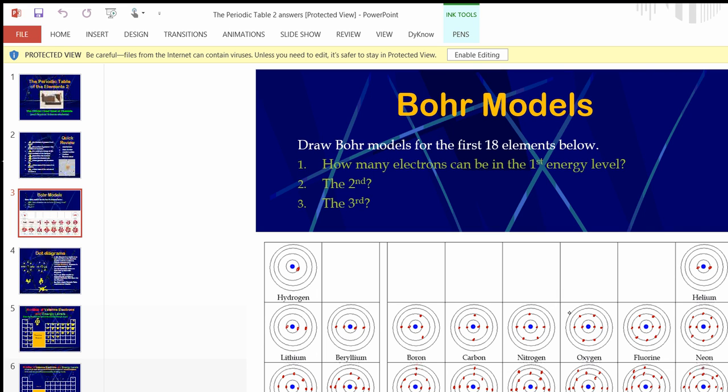We'll talk about that a little bit more as we go. But helium only has 2 protons total. Its atomic number is 2, and therefore 2 electrons. But those electrons are in the first energy level, which, remember, only holds 2. So its outermost energy level is also full. That's why helium behaves like the other noble gases.